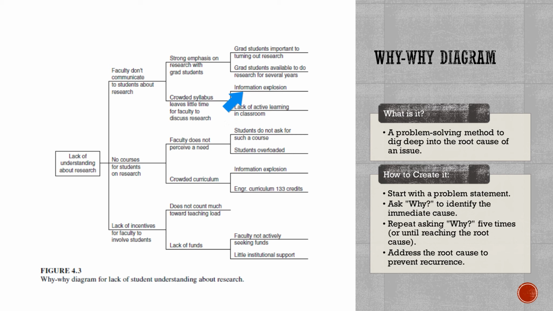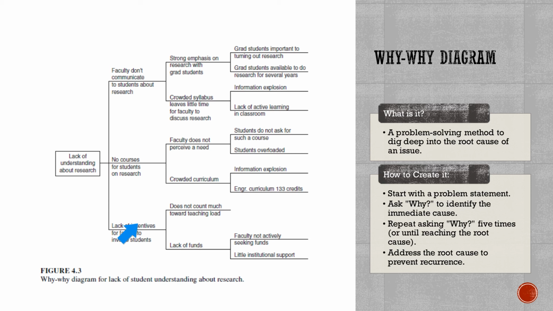This answer usually will explain the reason why a crowded syllabus leaves little time for faculty to discuss research. So you can apply this method to determine the potential causes of the issue that you want to solve.